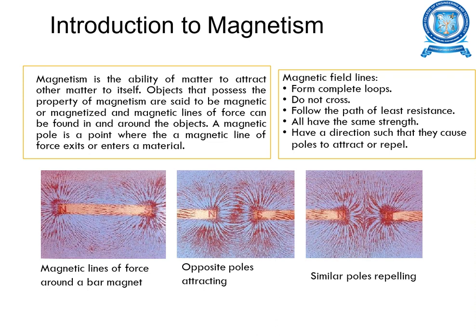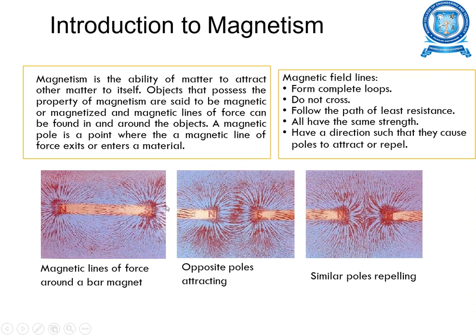Objects that possess the property of magnetism are said to be magnetic or magnetized, and hence magnetic lines of force are found in and around the object. A magnetic pole is a point where a magnetic line of force exits or enters a material. In the diagram, you can see the magnetic lines of force around a bar magnet.